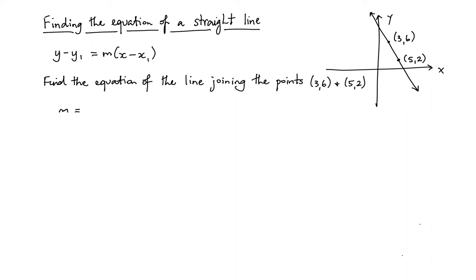So using the formula that we looked at in the previous tutorial, we can find the gradient. And before we start, let's identify our left point as x1, y1 and our right point as x2, y2.